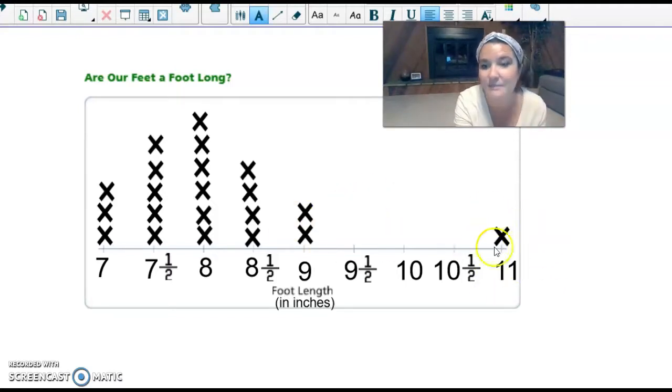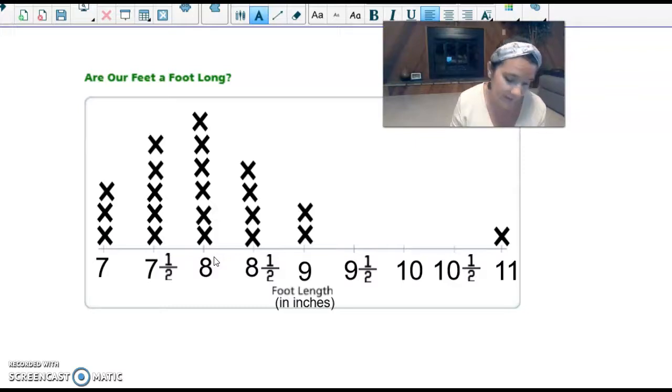But the lowest amount of data, or the fewest number of students, had a measurement of 11 inches. Where is most of the data? Most of the data, or the most students, had a measurement of 8 inches.